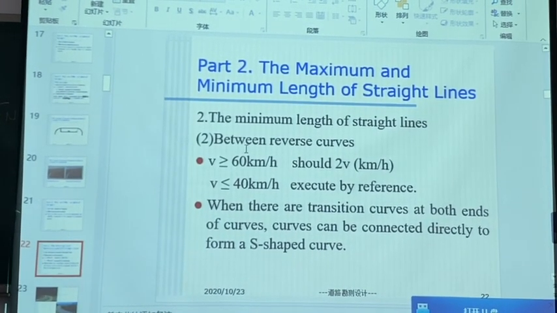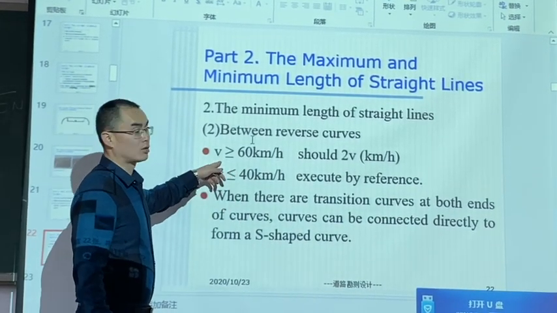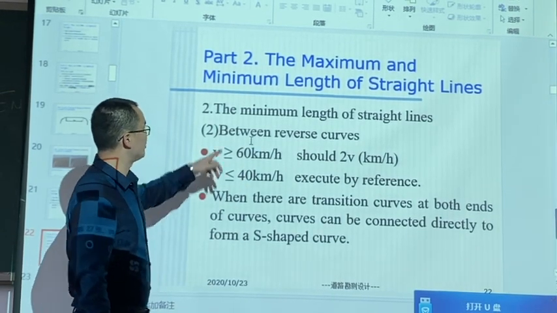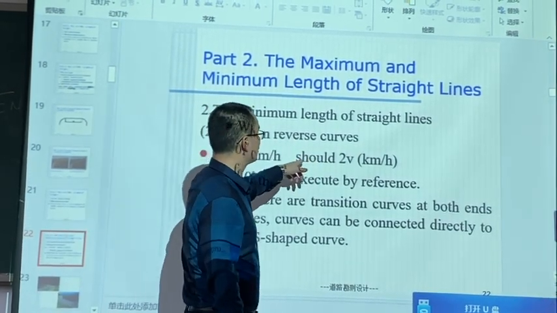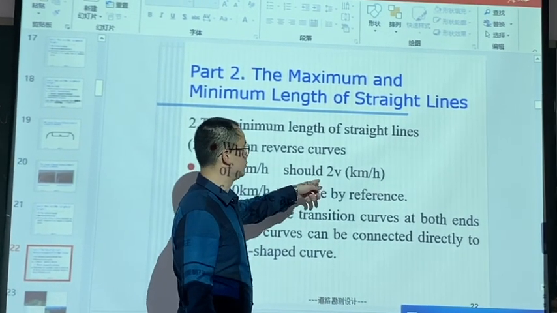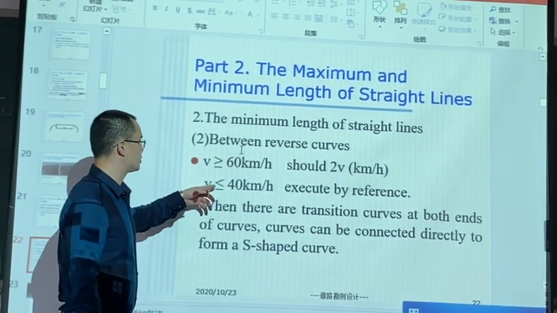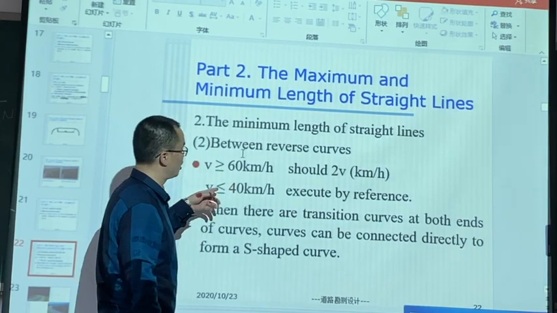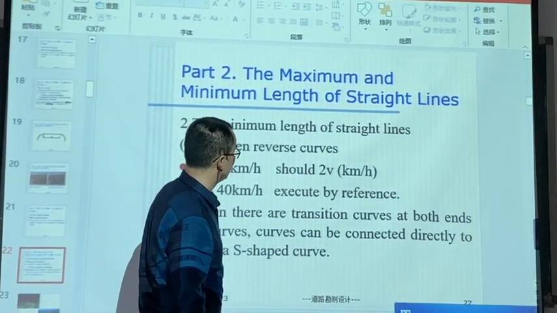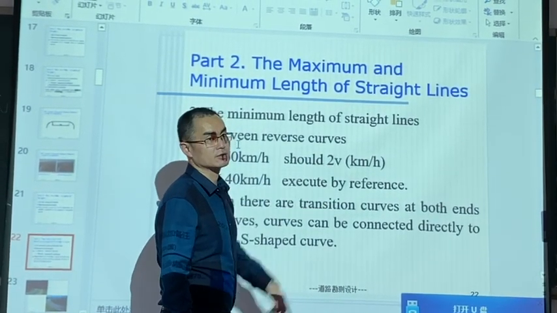When the design speed is greater than or equal to 60 km per hour, the minimum length of straight line should be 2V. When the design speed is less than or equal to 40 km per hour, we can execute 2V by reference.